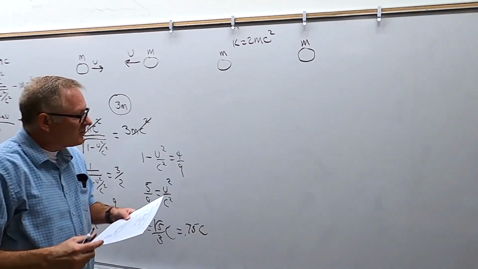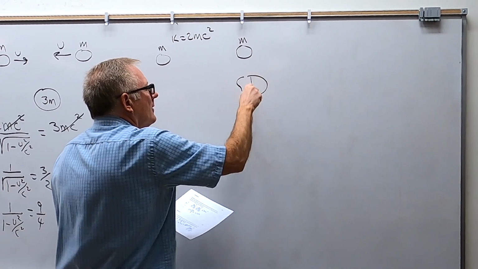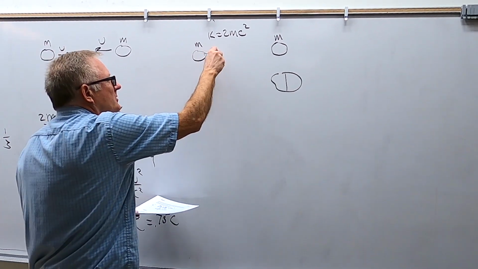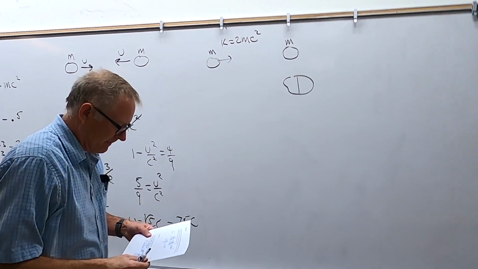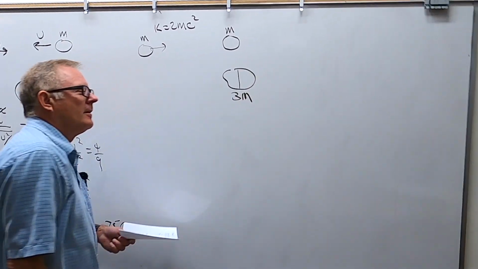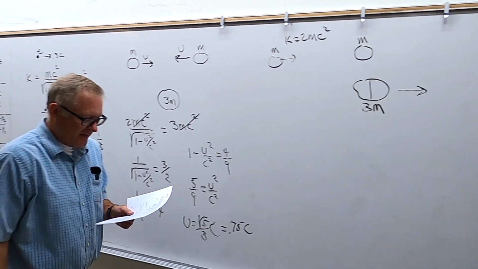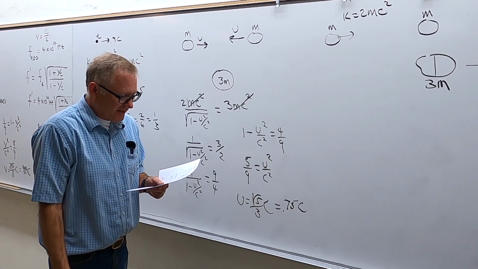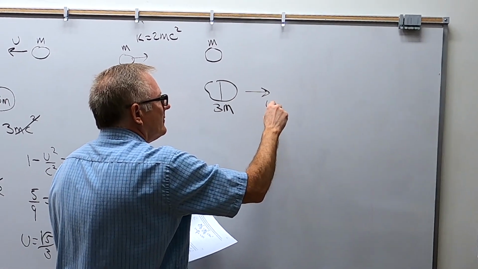The two particles stick together right here. But they won't be at rest because this one was moving and ran into something at rest, and together they're moving. It forms a 3m mass, but it is going to be moving. What is the speed? This is what they want. They want that u right there.